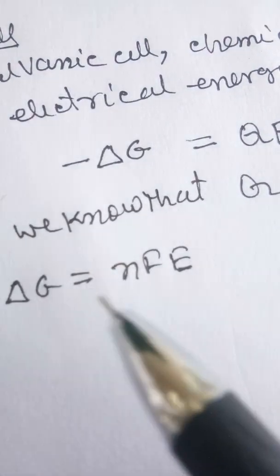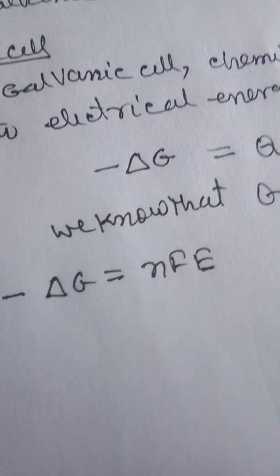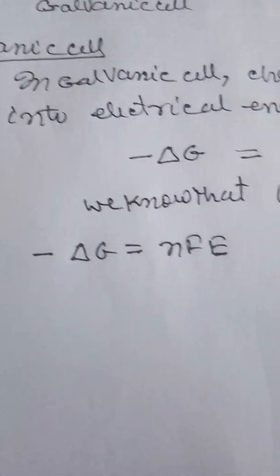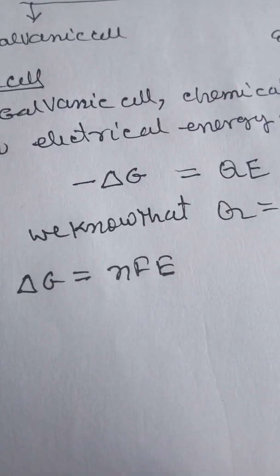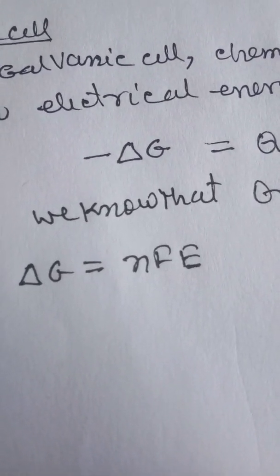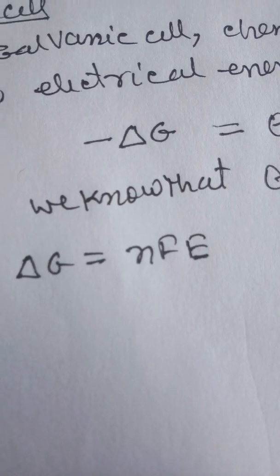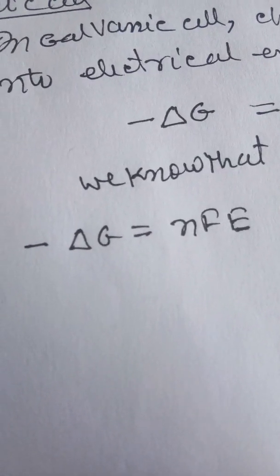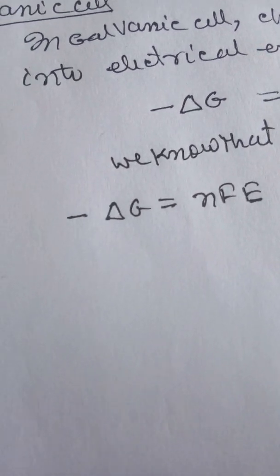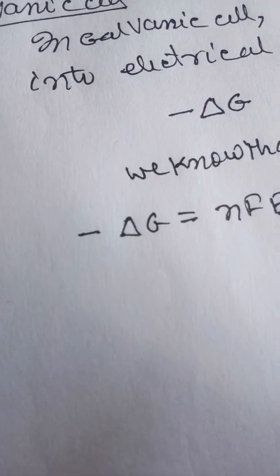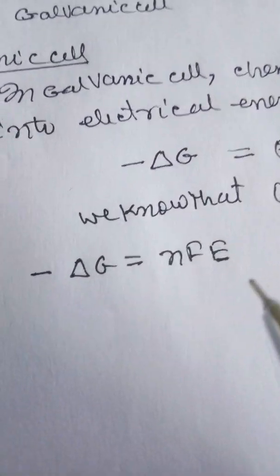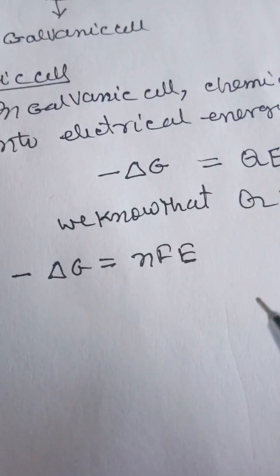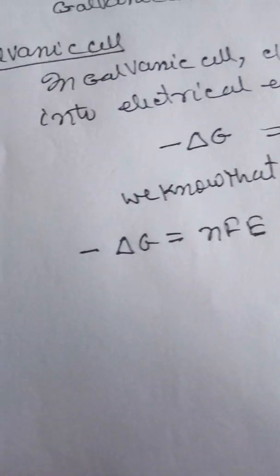On this basis, Nernst derived a relation between the concentration of reactants and products, as well as the electrode potential and Faraday.